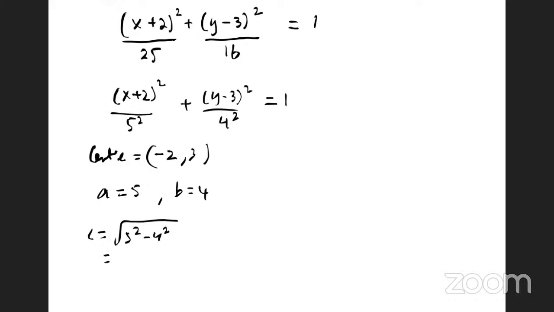Right, so that's root 25 minus 16. That's 9. So c is 3. Nice. Do a little sketch. Let me see what you got.